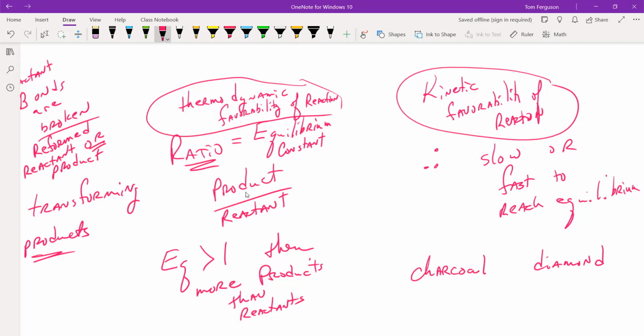Charcoal is more stable. Weird, huh? The charcoal is more stable. That means that over time, the diamond is going to be converted back to charcoal.